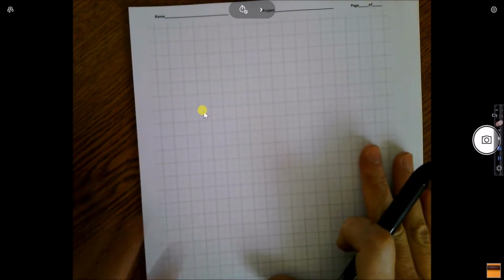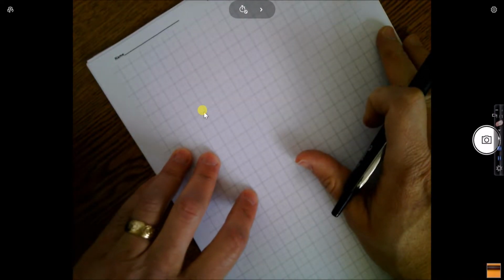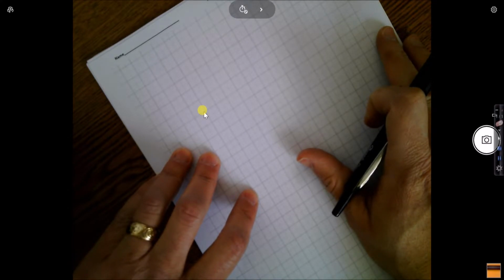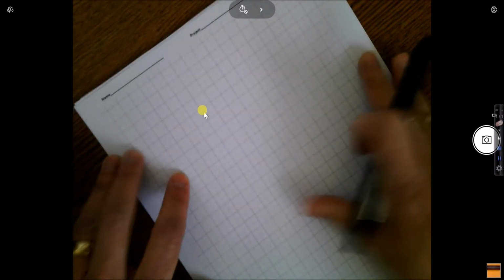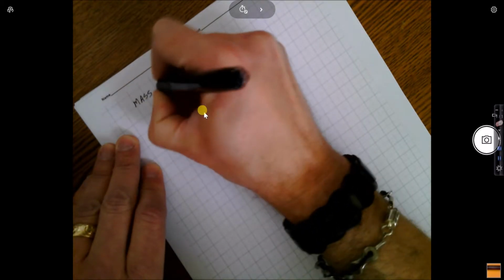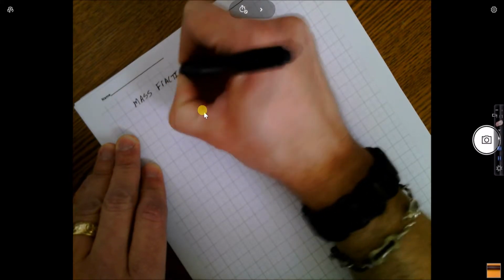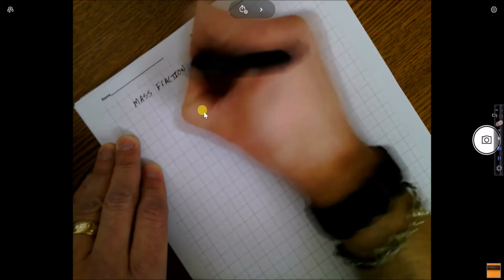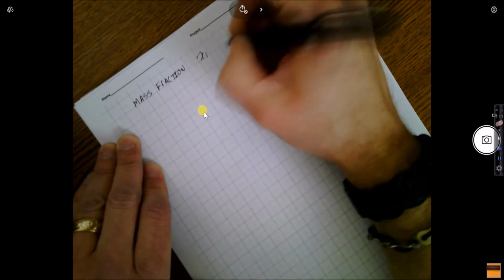All right, so mass fraction. This stuff becomes important because we want to know the amounts of various species in our chemical processes or metallurgical processes that we're going to talk about in this class. Mass fraction is denoted in terms of x sub i.